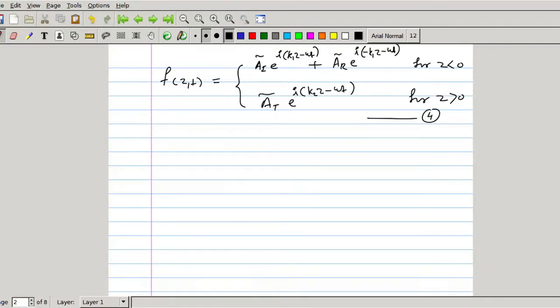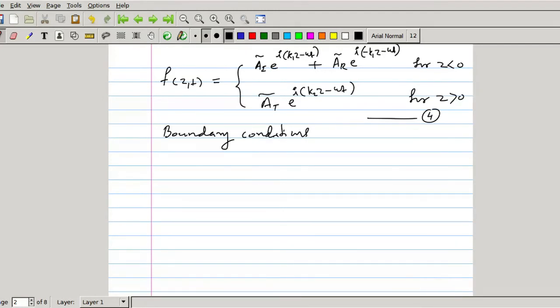Now we apply the boundary conditions. What are the boundary conditions? One boundary condition is that at z equal to 0, where the two strings are joined, there is no relative displacement.